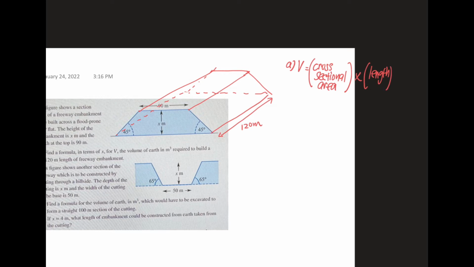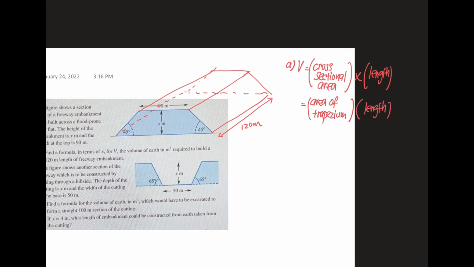So the cross sectional area that I wrote is actually this area, the area of the trapezium. So let me write down first. It's actually the area of trapezium multiplied with the length.